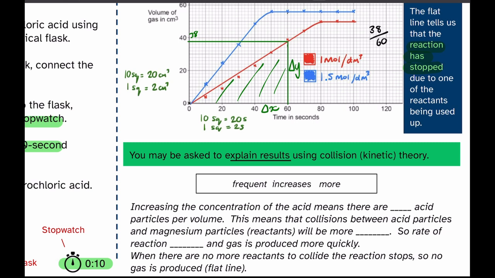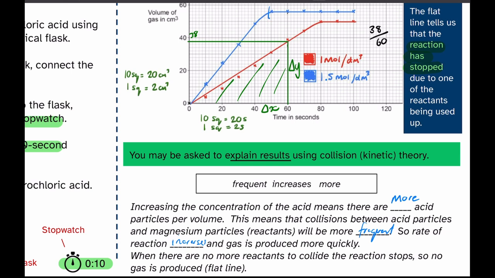So increasing the concentration of the acid means there are more... Hopefully, I'm trying to leave a little gap here so you can try and say the answer to yourself. There are more acid particles per volume. This means that collisions between acid particles and magnesium particles, which is the reactant, will be more frequent. So the rate of reaction increases. And the gas is produced more quickly. So that's how we explain it using collision theory.